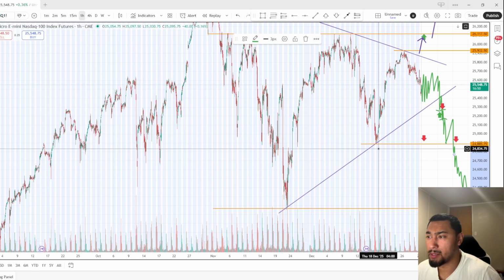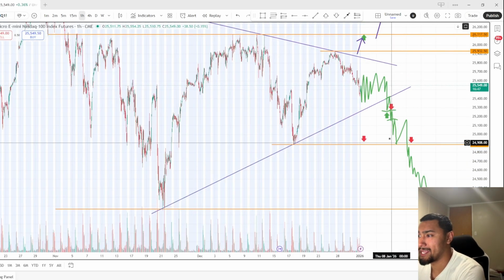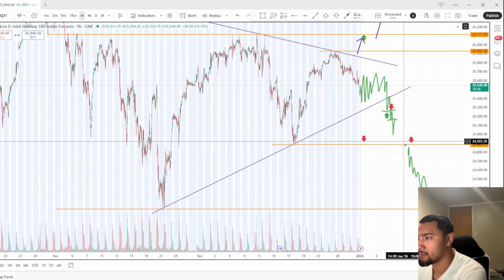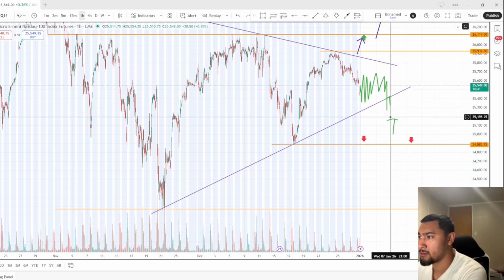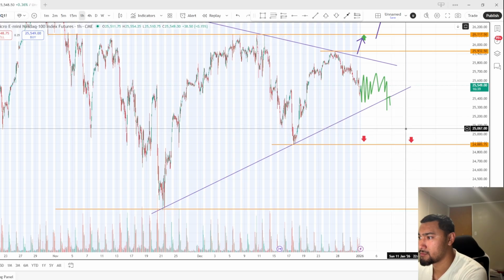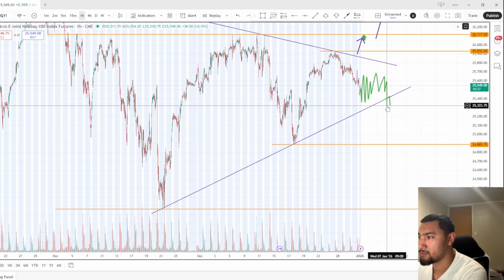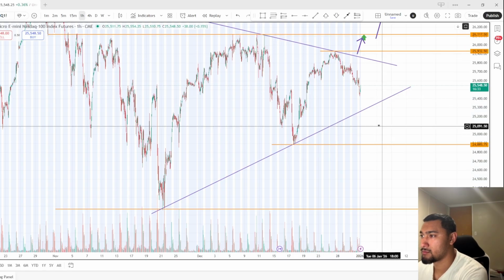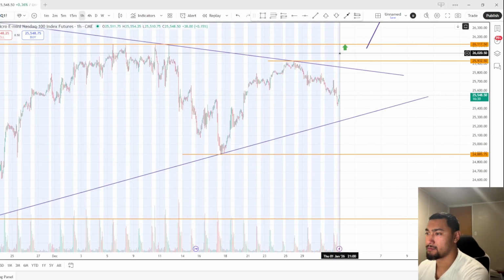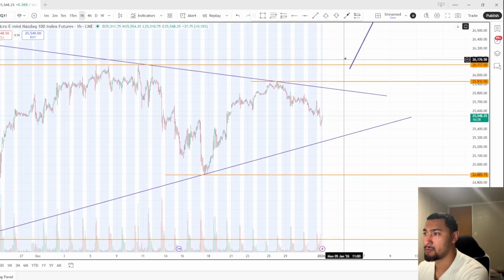So in my opinion, these are the main areas right here. I have everything marked.